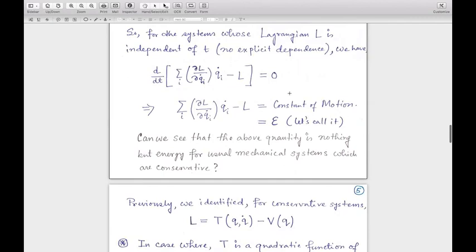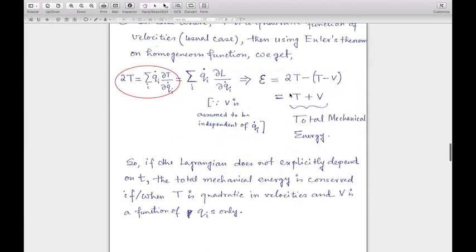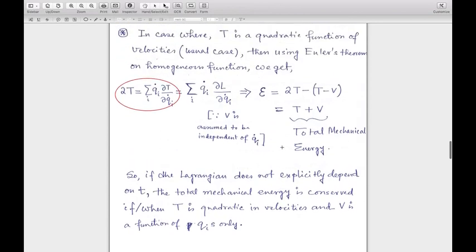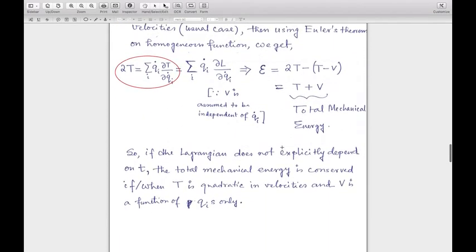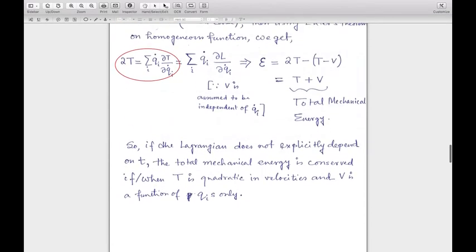So when the Lagrangian does not have any explicit dependence on time, for a conservative system where the kinetic energy is a quadratic function of generalized velocities and the potential function is a function of generalized coordinates only, then the total energy of the system is conserved. Okay, so that was the message of this formalism. Okay, so in the next subpart of the lecture we will talk about the symmetry transformation of the Lagrangian. Okay, thank you.